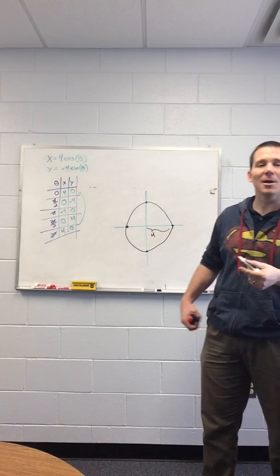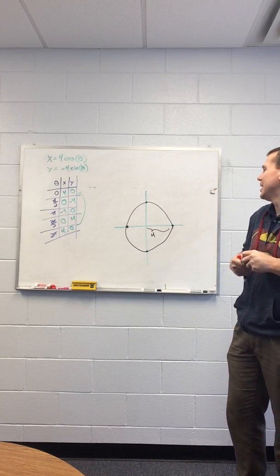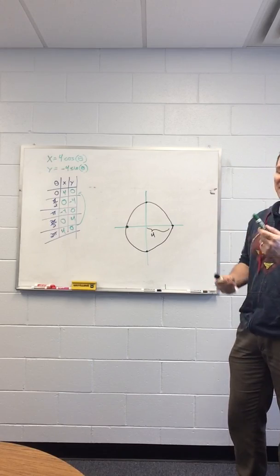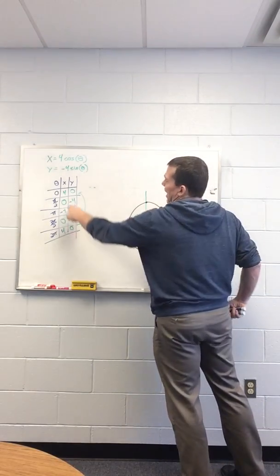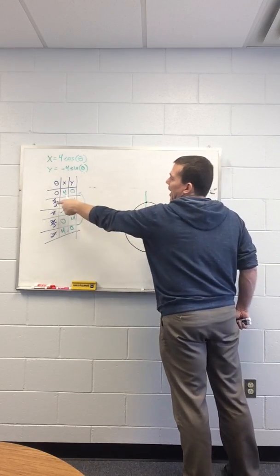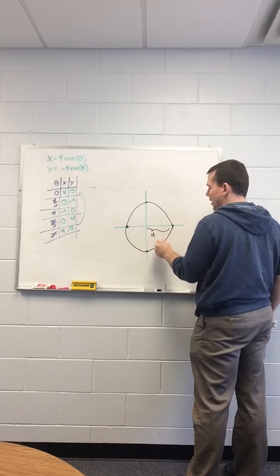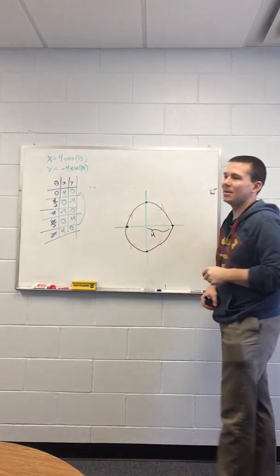One thing to keep in mind though, and we mentioned this last time, these parametric equations have an orientation. So we have to make sure we put the orientation on the circle. In this case, at 0, I'm at the point 4, 0. At pi over 2, I'm at 0, negative 4, which means I'm actually going this way, clockwise around the circle.